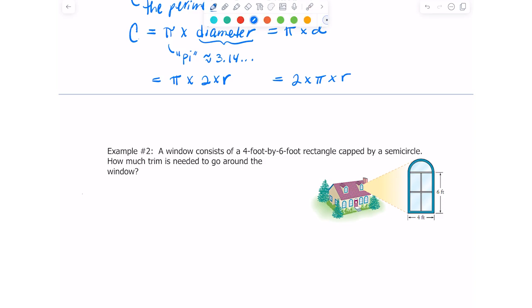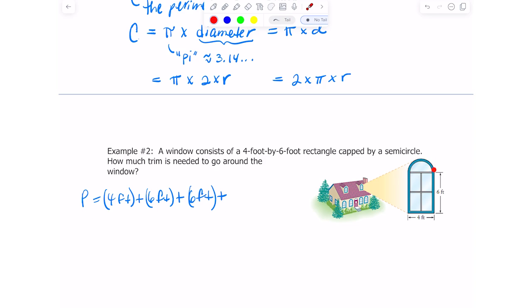So right now, I know that my perimeter is going to be 4 feet plus 6 feet plus another 6 feet. But then I need to figure out the curved part. Maybe it'll be helpful to put these in parentheses so the terms and the pluses look different. Well, this curved part is half of a circle.